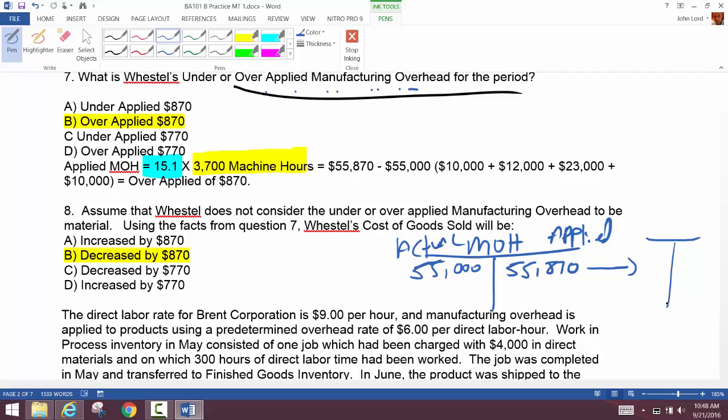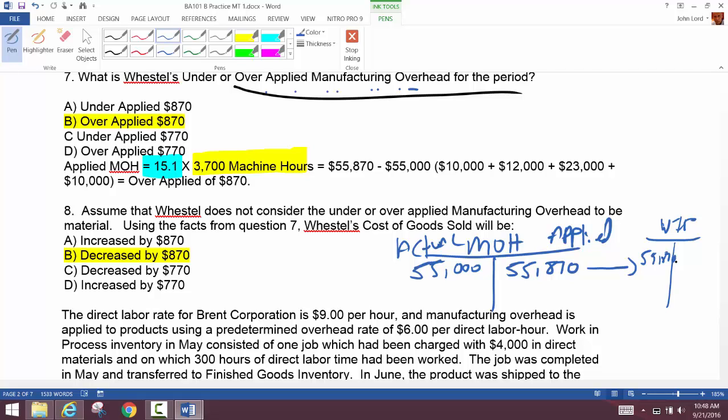We're a long ways from cost of goods sold. We're still gathering the cost, right? So my work in progress is going to get debited, isn't it, for the 55,870? Isn't that what I do with my applied? Guys, we just did it right here. The amount that gets applied goes to work in progress, right? Okay, good. And so am I over or under applied?